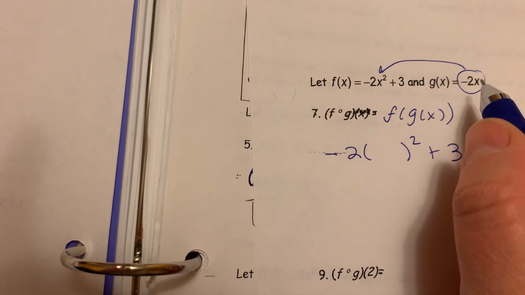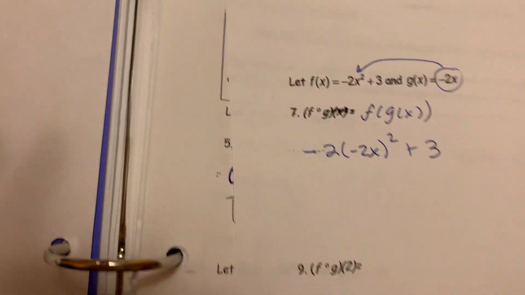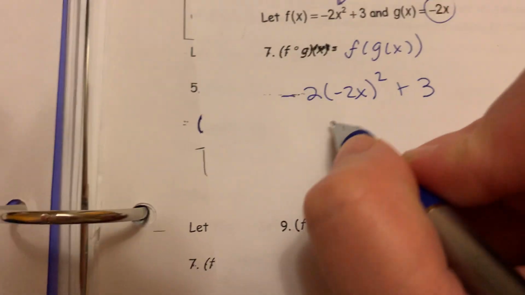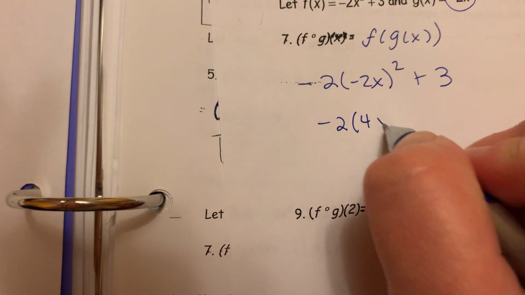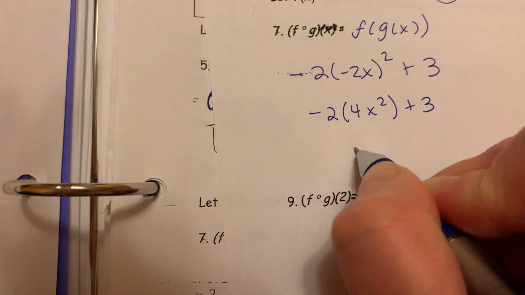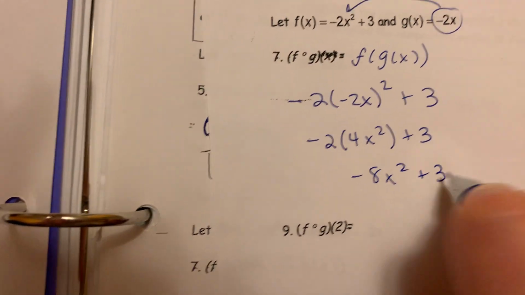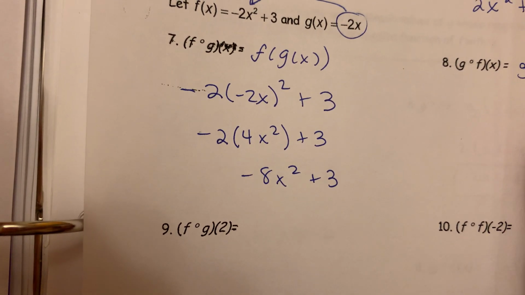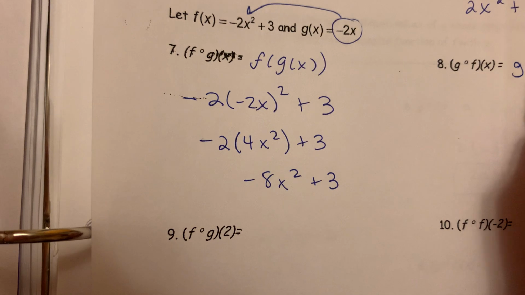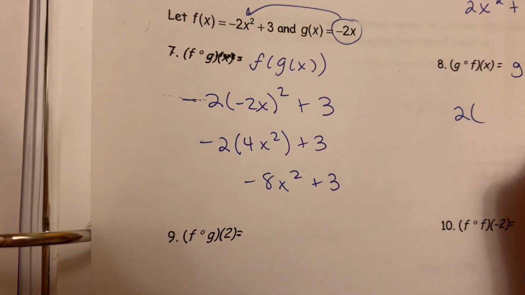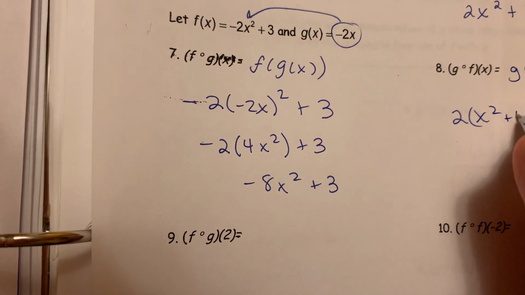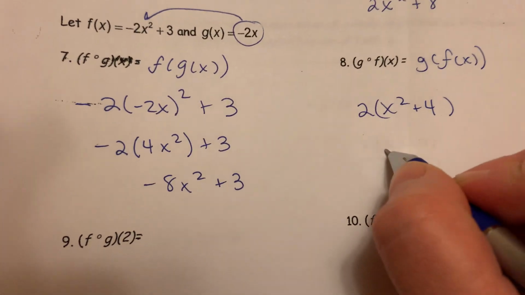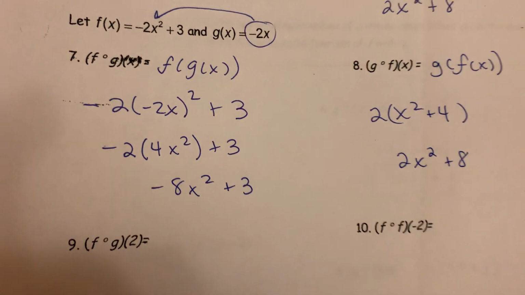We're replacing x now with an entire function. That's it. And this is g of f of x. So g is your outermost function, 2x, f of x is x squared plus 4. So your answer is 2x squared plus 8.